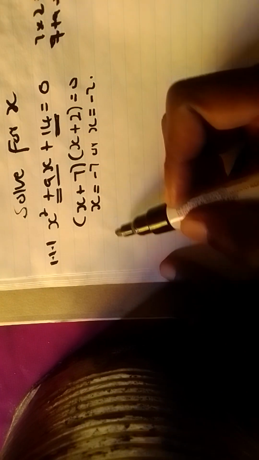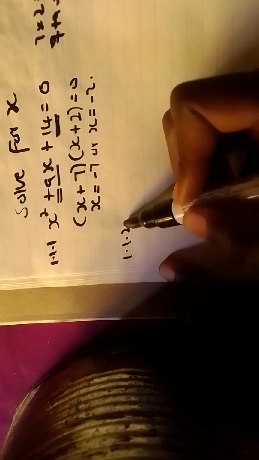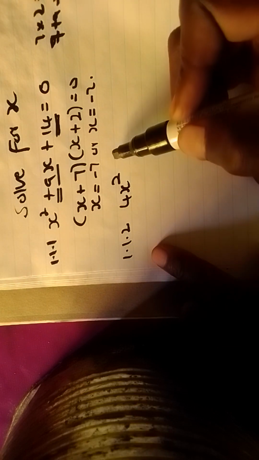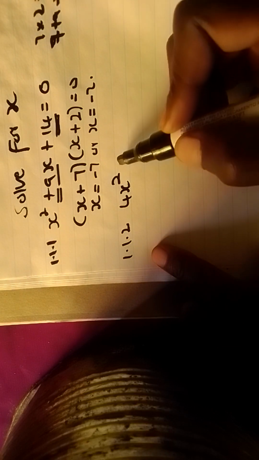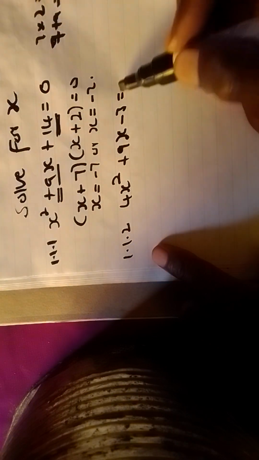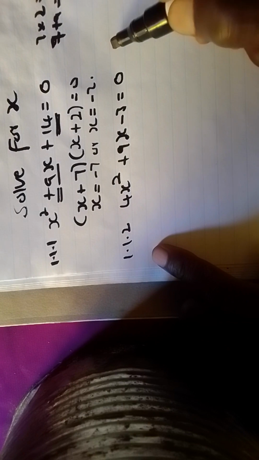Question number 1.1.2: 4x squared plus 9x minus 3 is equal to 0. Leave the answer to two decimal places.